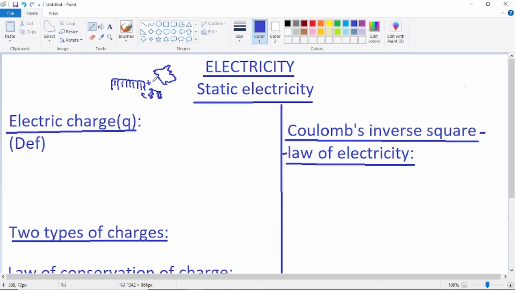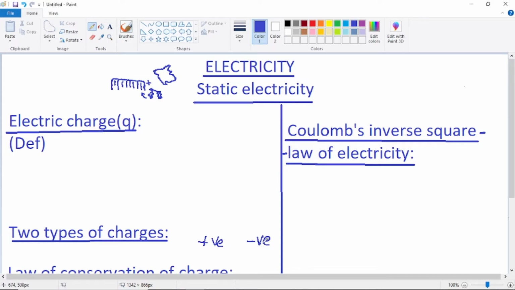In what way is there similarity or difference between these two charges formed on the rubbed substance and the rubber? It is experimentally proved that there are two different types of electric charges in nature. The first type is called positive charge, and the second type is called negative charge. So it is found that only two types of charges are possible in nature.